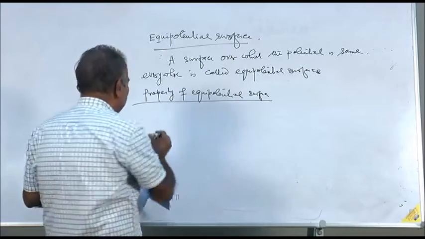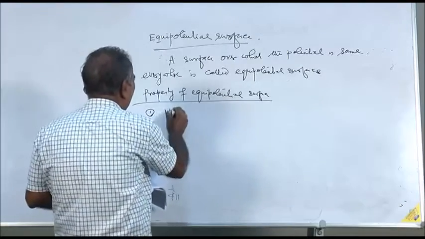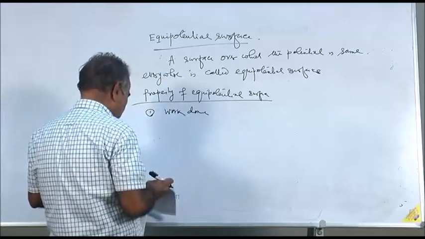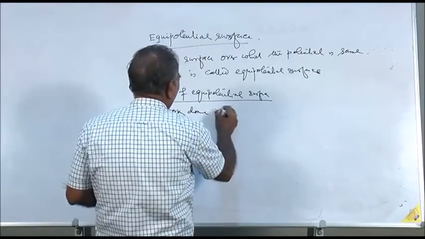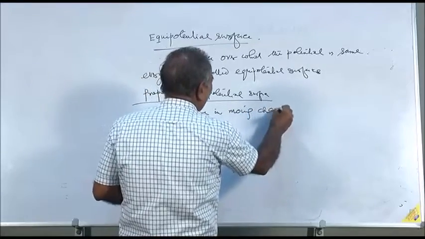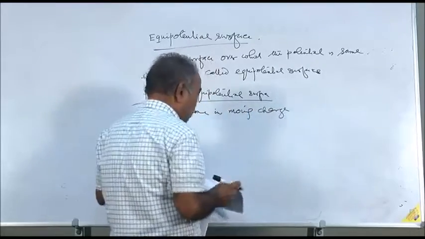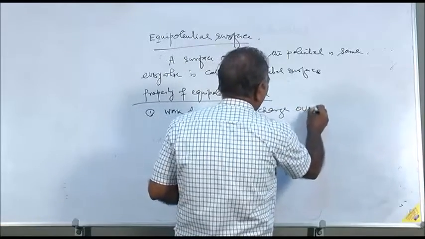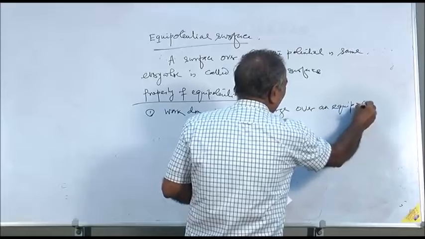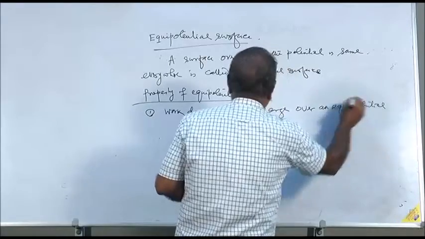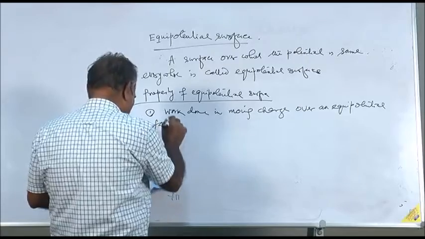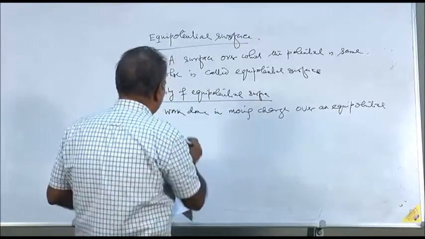The first point is that the work done in moving a charge over an equipotential surface is always 0.